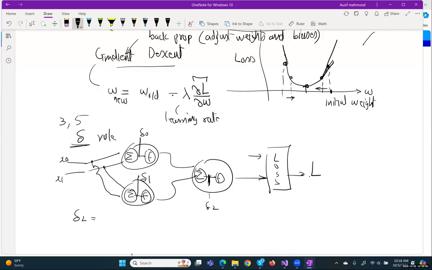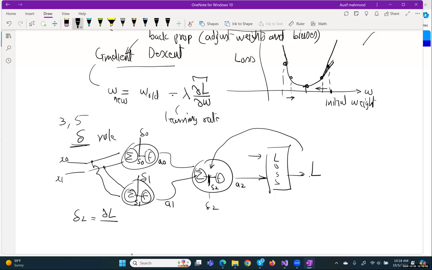The definition of delta 2 is partial L over partial S2. Again, if we call them S0, A0, S1, A1, S2, A2, what will then be delta 2? It's the gradient up to the middle of the neuron, right?